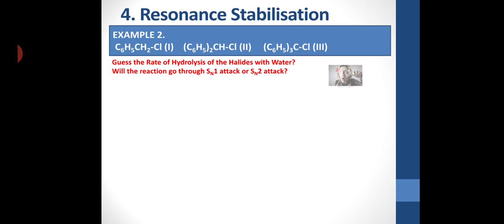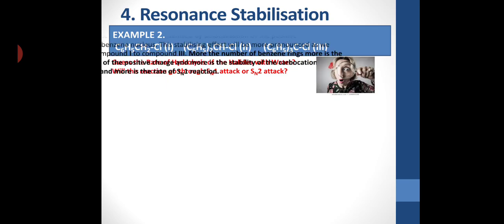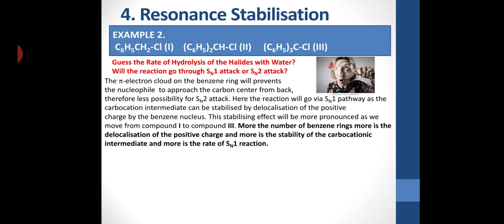Step 1. Look at these compounds. What type of compounds are they? They are benzyl halides. Step 2. Think about the change it can bring in the mechanistic pathway. Step 3. Also think about electronic and steric environment.